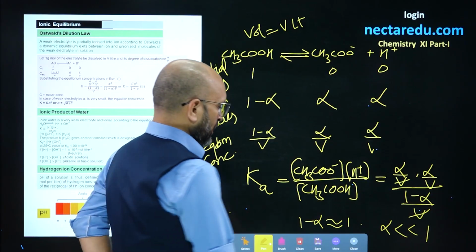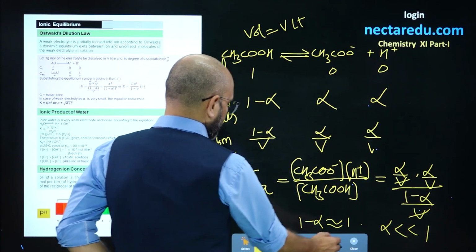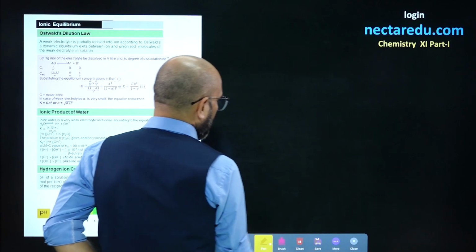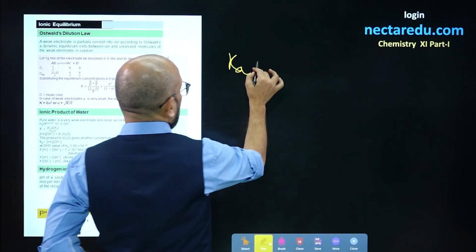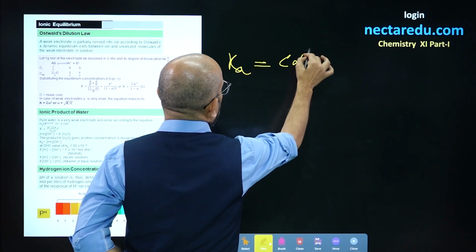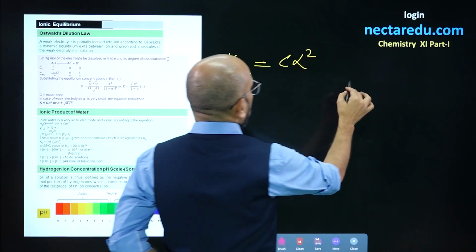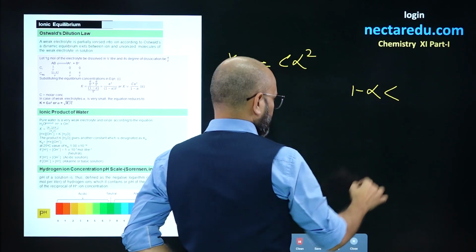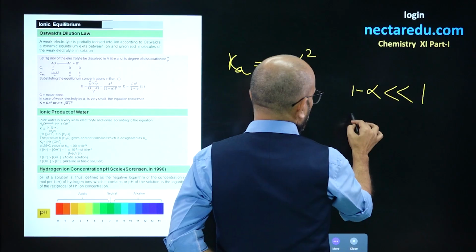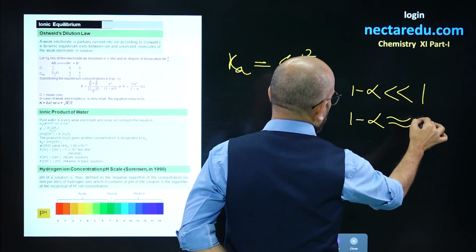Alright. So if I take it to the next page, I'll just clean it up. The expression you get at the end of this derivation is Ka equals C alpha square, because we have ignored the very small value of alpha in 1 minus alpha, taking it as 1.